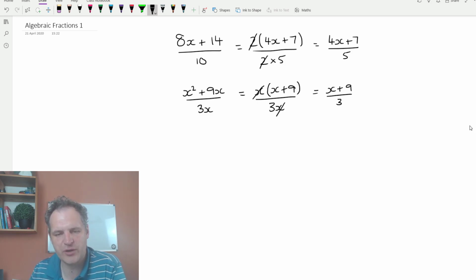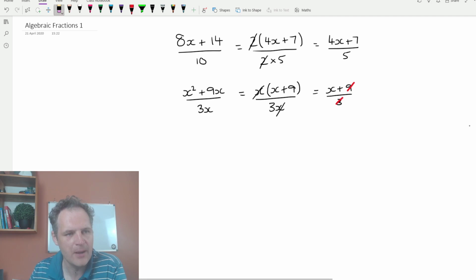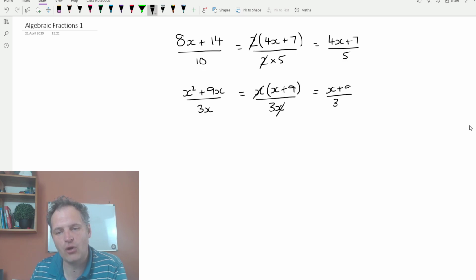I chose the 3 on purpose because I want you to realise you cannot. It might be tempting to go, oh, that 3 crosses with that. It doesn't, because this is not 9. This whole thing is x plus 9. The 9 is technically involved with the x first before any division.